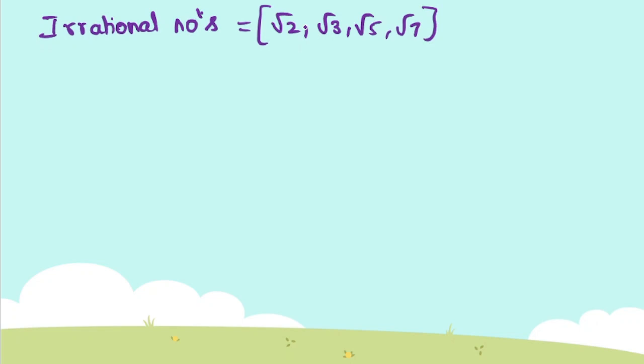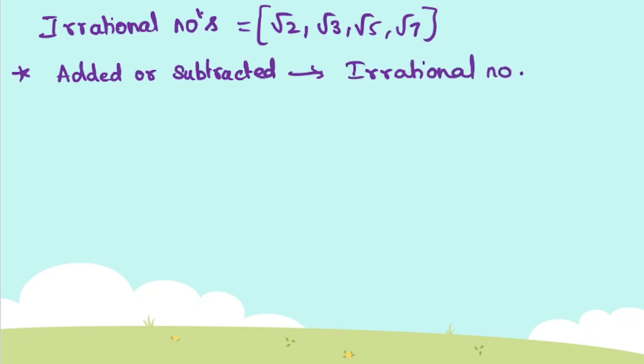So when any irrational number is added or subtracted with any whole number or irrational number, what will you get? You will get an irrational number.